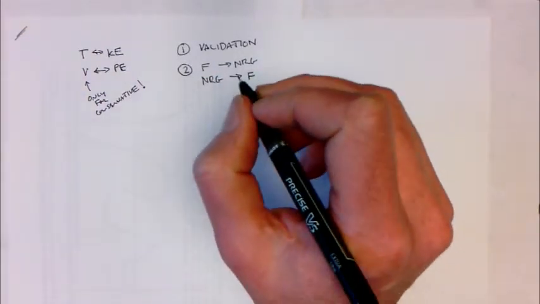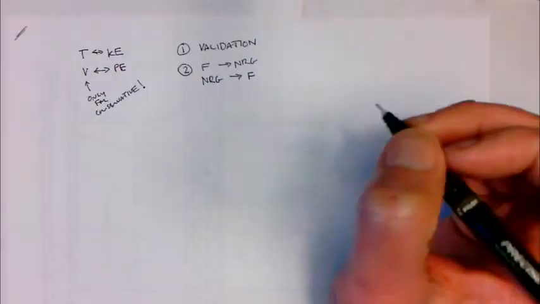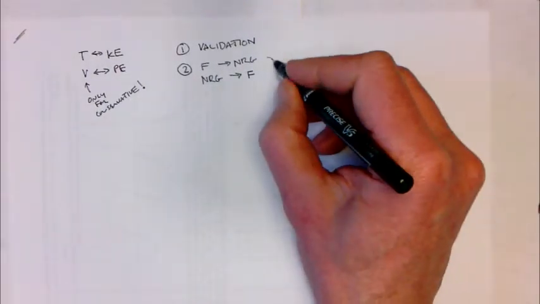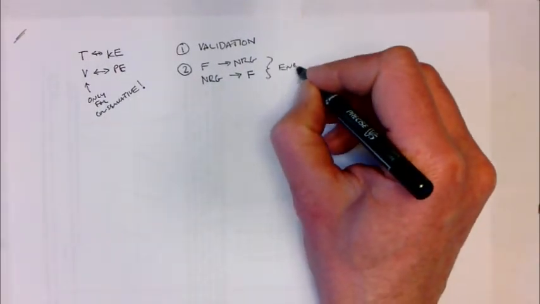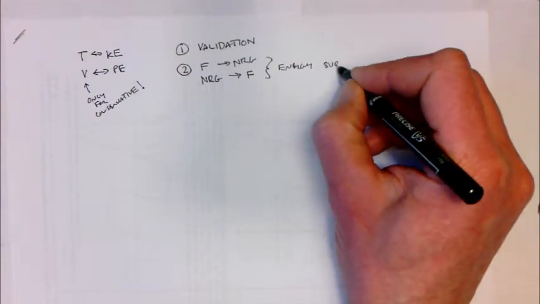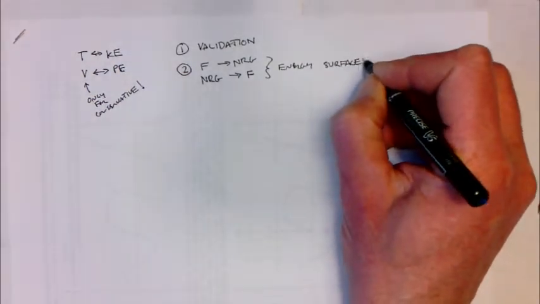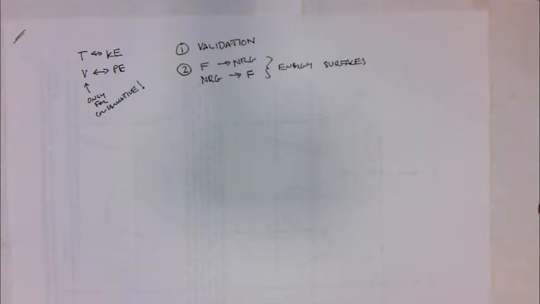That can often be a handy thing to do, and we'll talk more about that. This relates to the idea of energy surfaces that we talked about before. So those are two of the things that we'll be talking about.